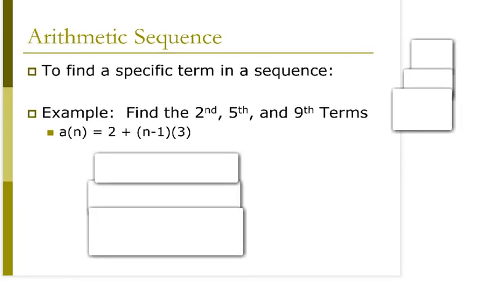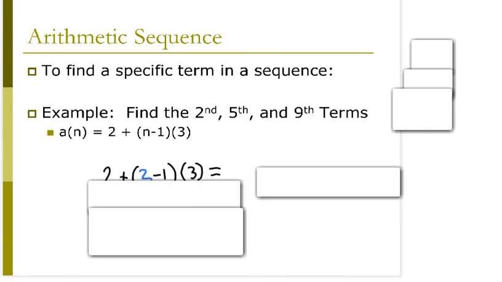So we have, for our second position, and we could write a sub 2 if we like to, or a with parentheses and n, but it's better stated this way. For the second term, n is equal to 2, and what we mean by that is, in a sequence we have the first number, the second number, third number, the fourth number, and so on.